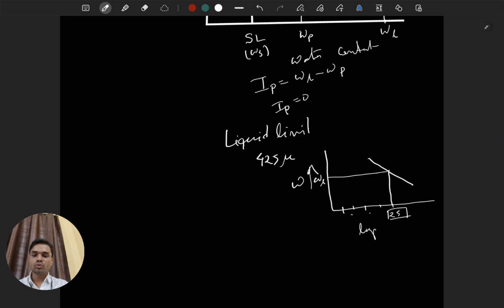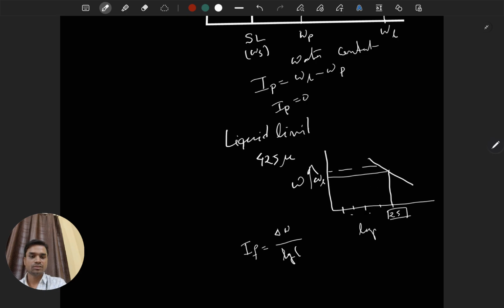This chart is also known as the flow curve, and accordingly the flow index appears. Then flow index is equal to the change in water content divided by the change in number of blows. Clear?